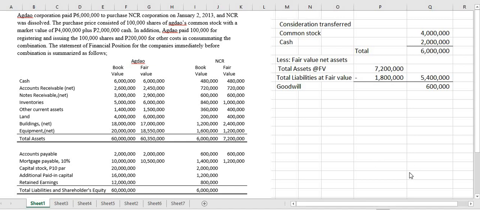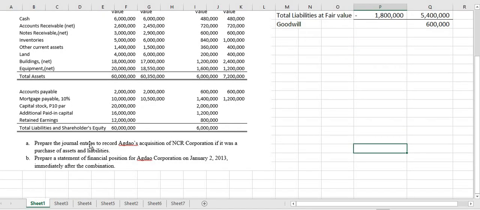The requirement is to prepare journal entries to record Agdao's acquisition of NCR if it is a purchase of assets and liabilities, or purchase of net assets, and also to prepare the statement of financial position of Agdao on January 2, 2013, immediately after the combination.